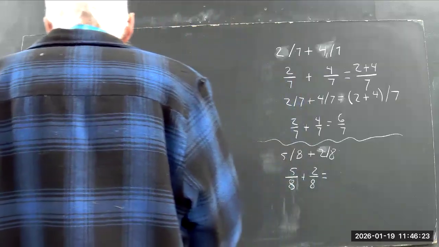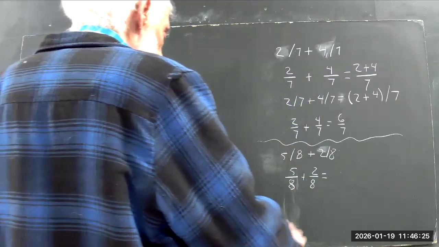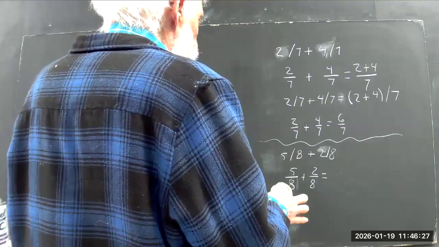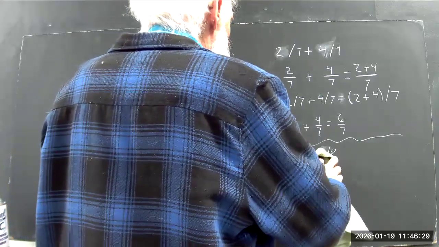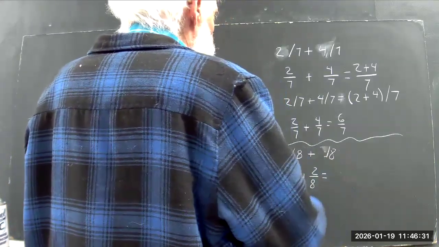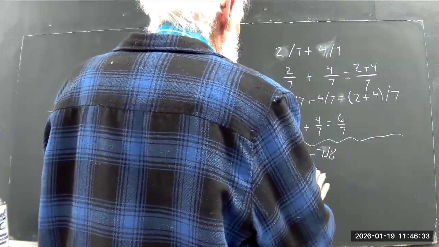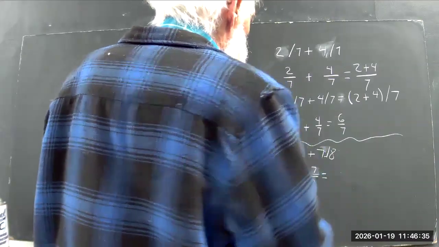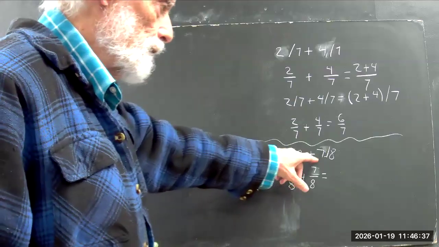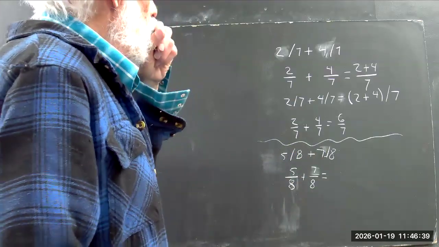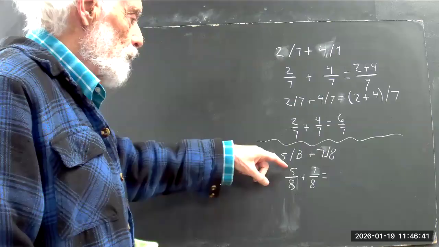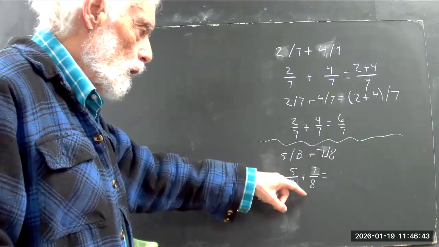And I'm going to change that, as that is what I'm trying to demonstrate. I want 5/8 plus 7/8. I've just changed the problem. 5/8 plus 7/8 equals, well, 5/8 plus 7/8.